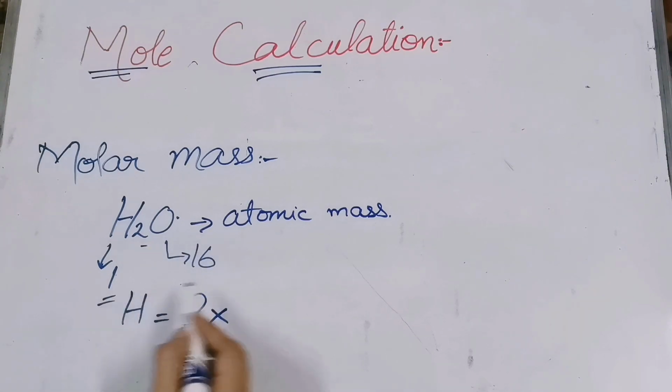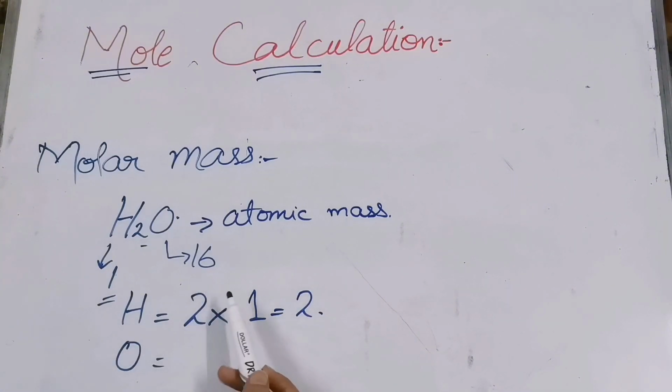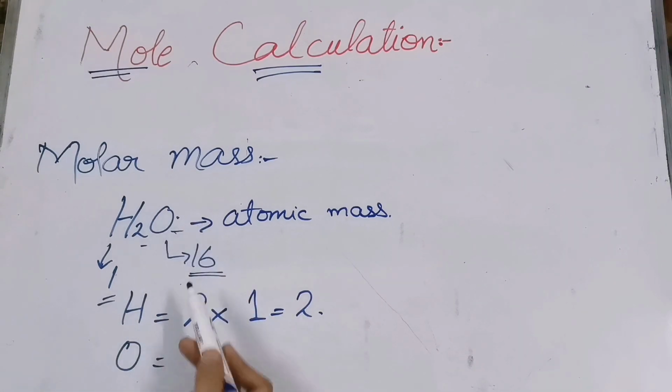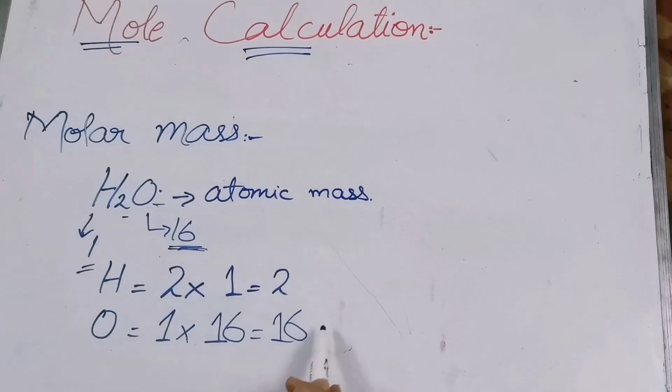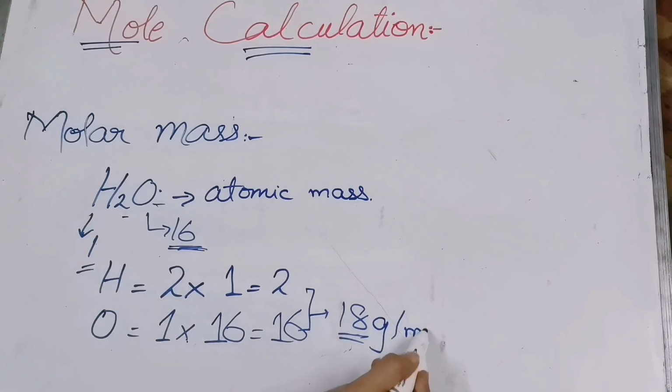So 2 multiplied by 1 is equal to 2. Oxygen: the number of oxygen present multiplied by its atomic mass 16 is equal to 16. When we add both of them, we get 18. In terms of molar mass, we write gram per mole.